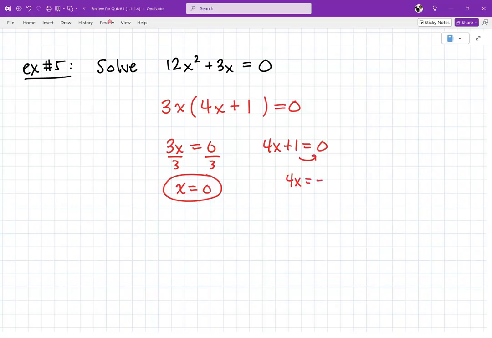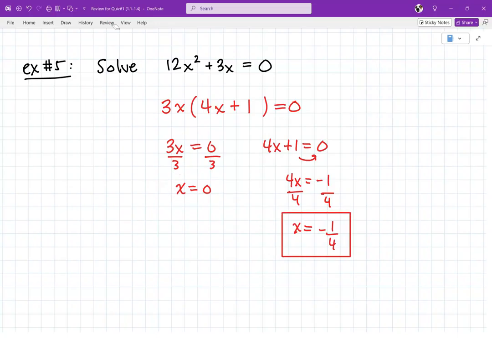That's 4x is negative 1. Then divide by 4. I know I'm going kind of fast. I apologize. But like I said, I'm not trying to reteach this to you guys. I'm trying to remind you now. Here are your two answers. Remember, I told you, I'm totally happy if you give me these two answers. They don't have to be in set notation. But if you want to, it would look like this. But you don't have to.